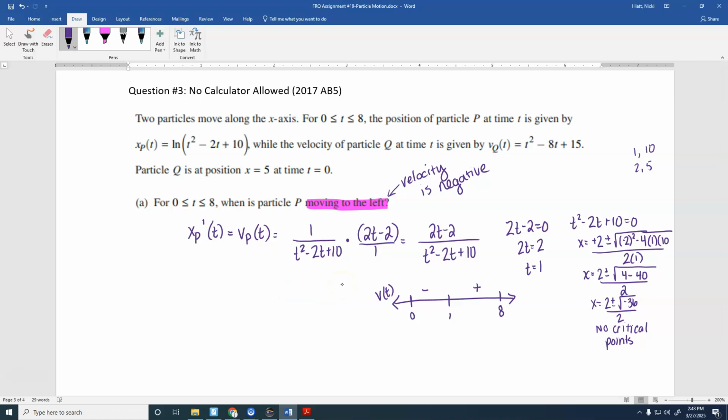So we would need to summarize this one and say particle P moves to the left when 0 is less than or equal to t less than 1, because v of t is less than 0 on this interval.